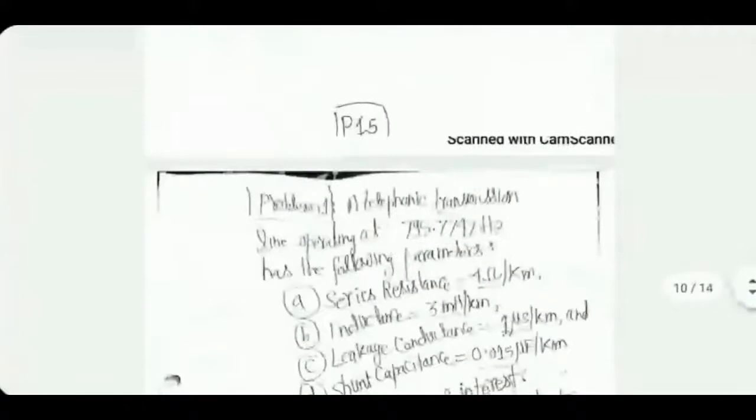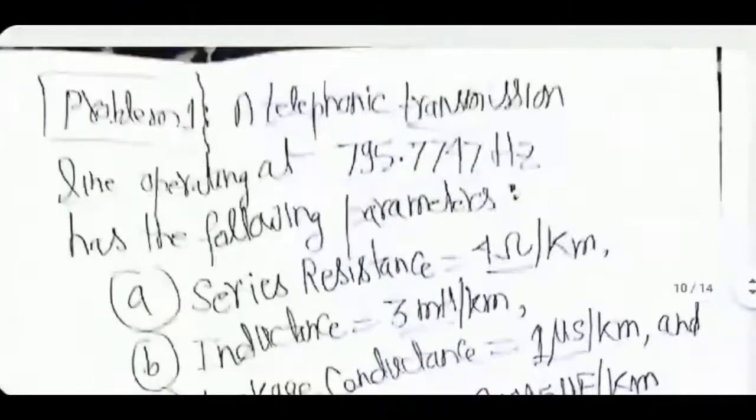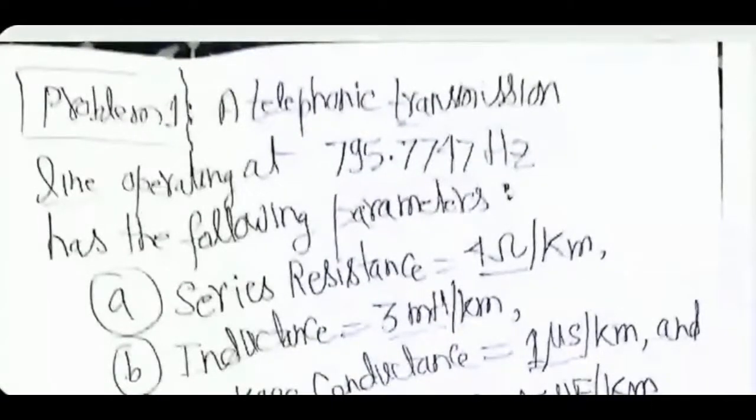Now, let's look at one problem. A telephonic transmission line operating at 795.7747 Hertz has the following parameters. Series resistance, we were calling it loop resistance, but they are calling it series resistance. Fine. So R is 4 ohm per kilometer.